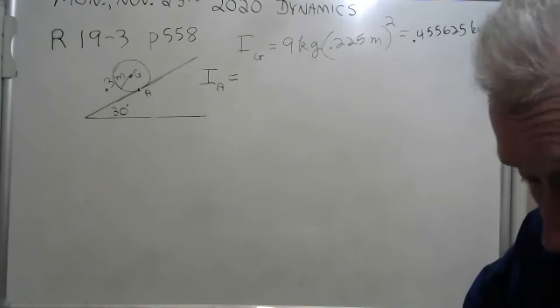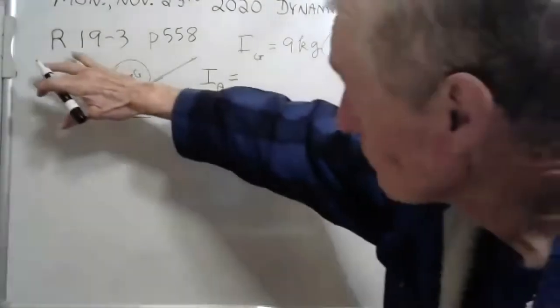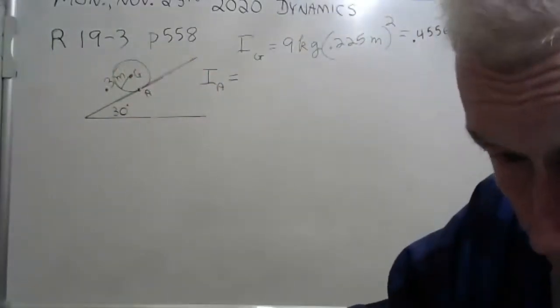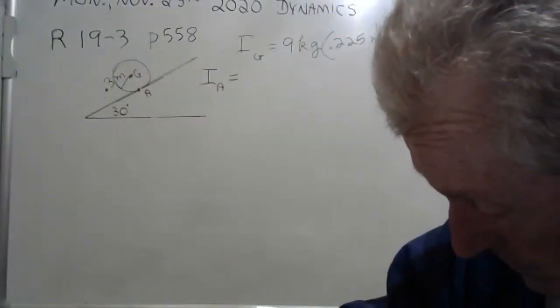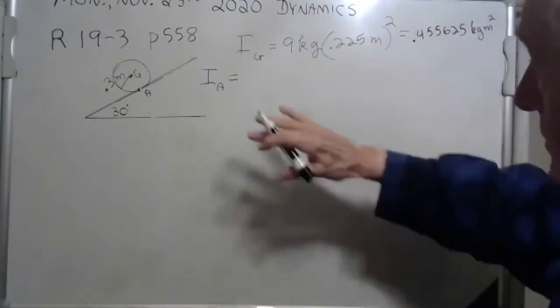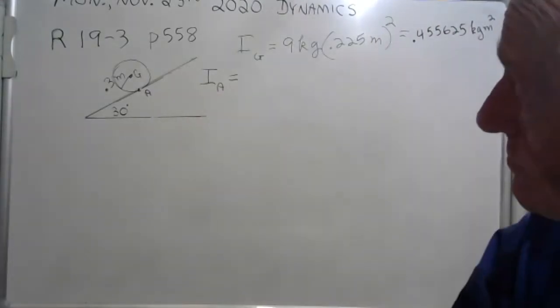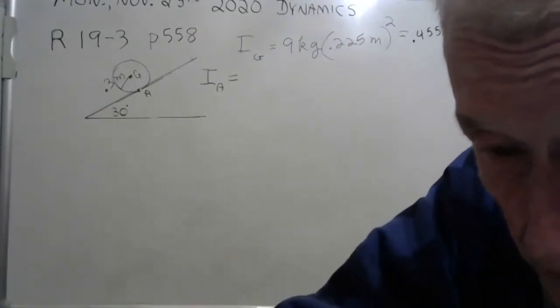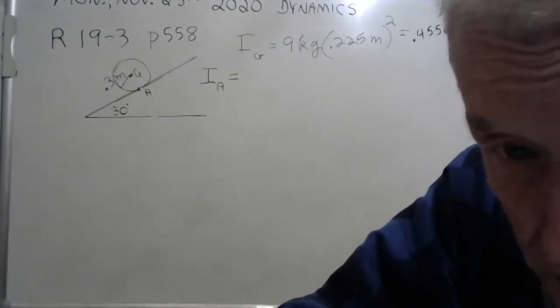If you just tuned in, we're doing review problem 19.3. It's on page 558. And I just got the moment of inertia about that point A. It's rolling about point A. Shane, unmute and say hello to me, please.